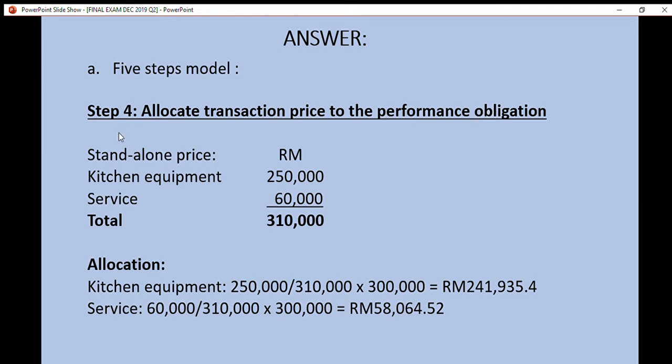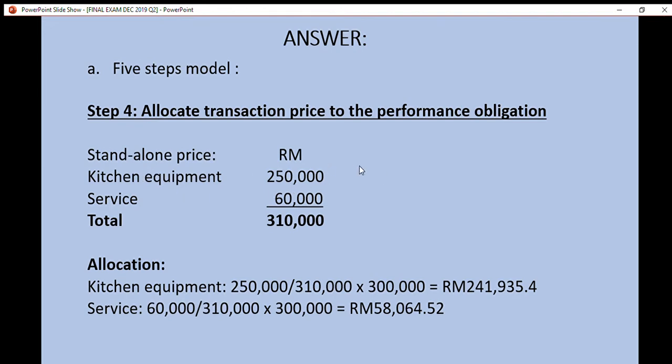Next, step 4, we need to allocate the transaction price to the performance obligations. We have to allocate the transaction price of 300,000 to each performance obligation, that is, to deliver kitchen equipment and to provide service to the equipment. The transaction price has to be allocated based on the standalone price.